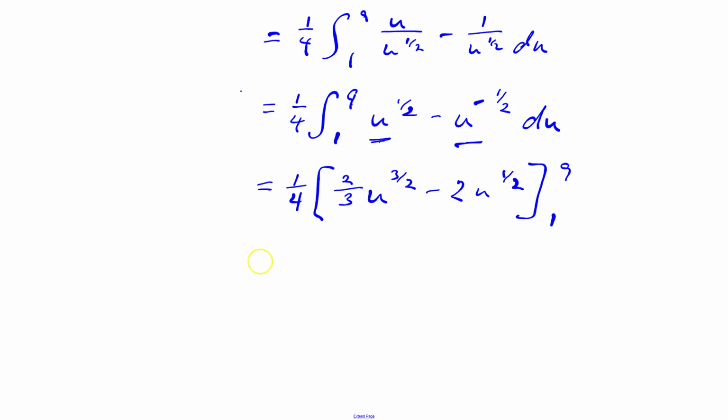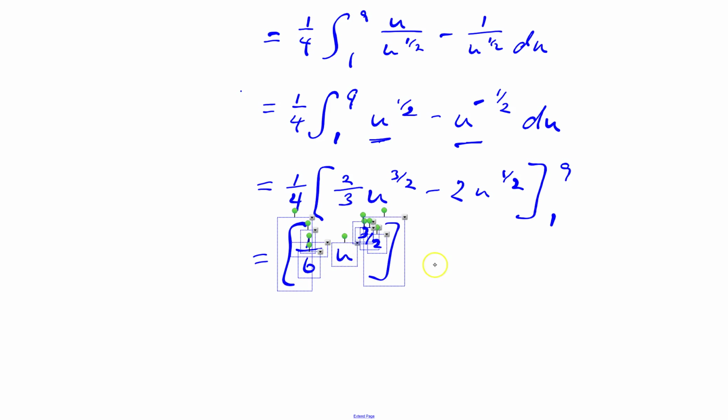This is correct. And now what we've got is a 1/4 times 2/3, which is 2/12 or 1/6. And that's u to the 3/2. And I'm actually going to move this bracket. Oops, I guess it won't let me do that.